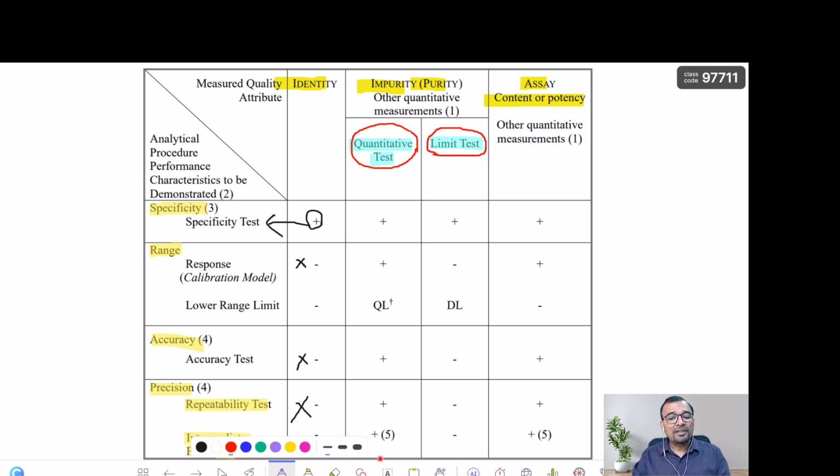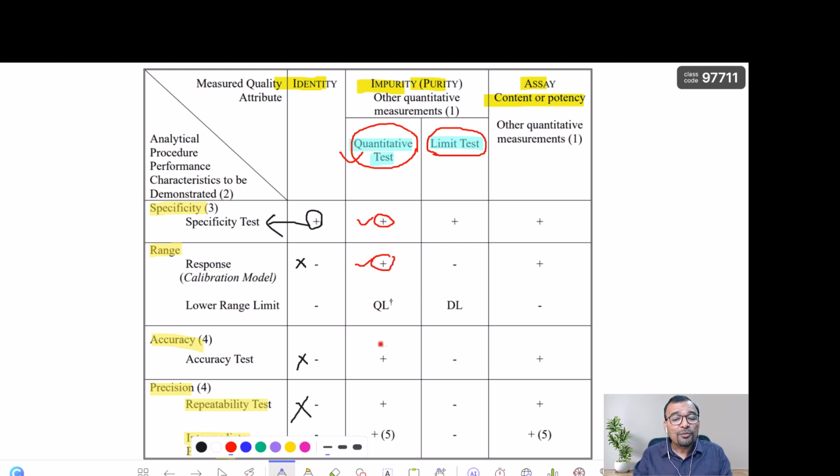So what parameters need to be performed if we talk about a quantitative test, like HPLC analysis for impurity A? The first one is specificity. The second one is the range, that also needs to be performed. Plus sign indicates needs to be performed.